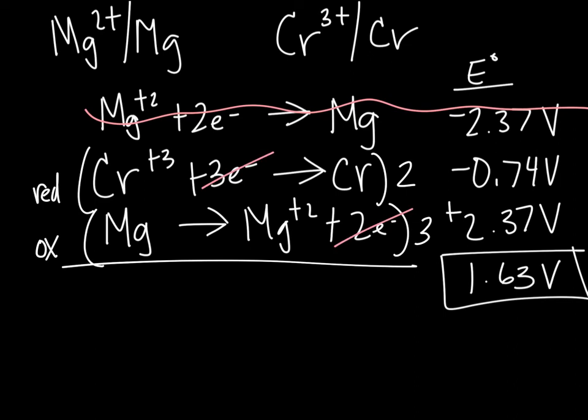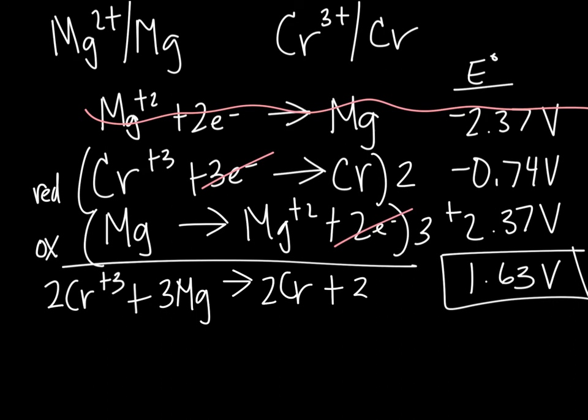So they both equal 6, once again, because you multiply. Now multiply the coefficient through over here. So that becomes 2Cr with the plus 3. And then multiply the 3 in front of the magnesium. So then it ends up being 2Cr and then 3Mg with the plus 2. Okay, so that is the overall equation.